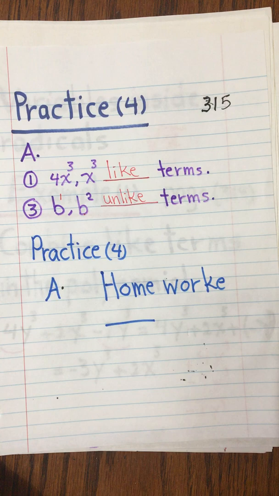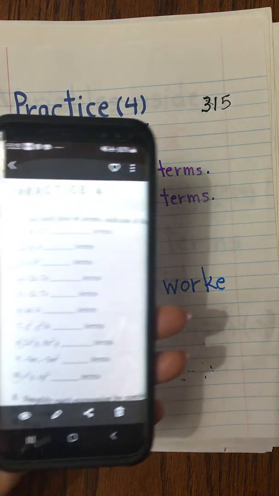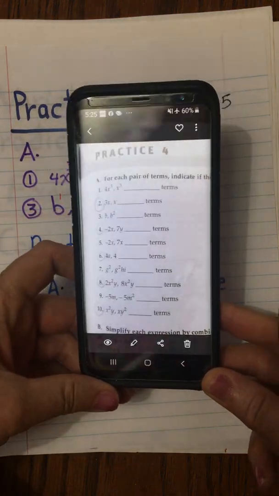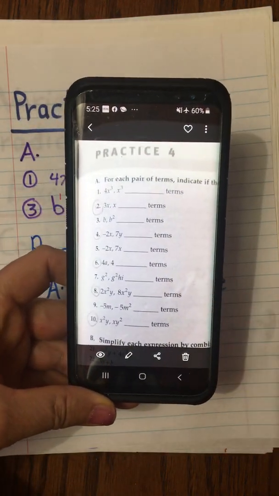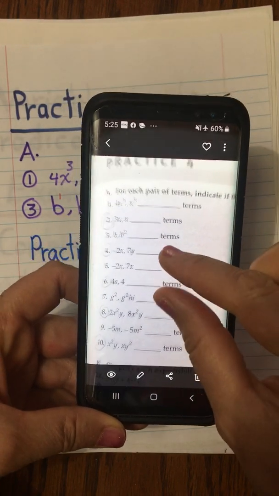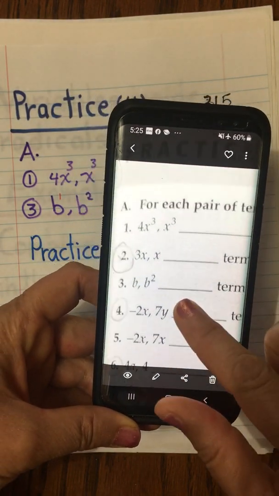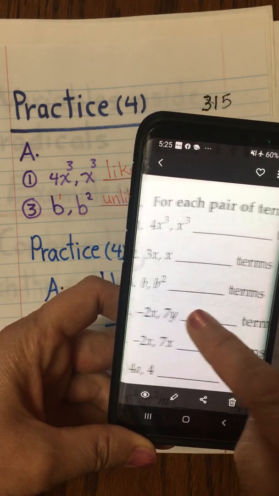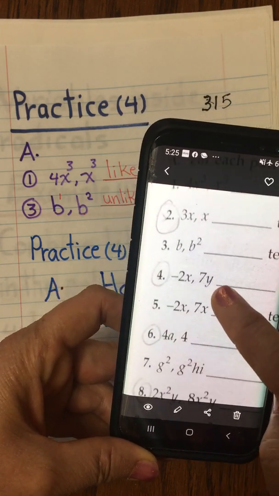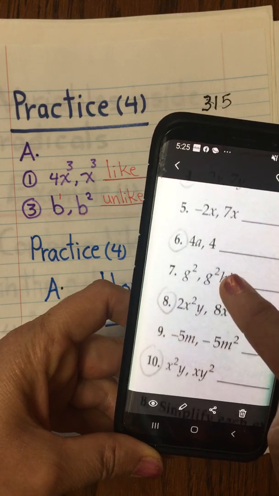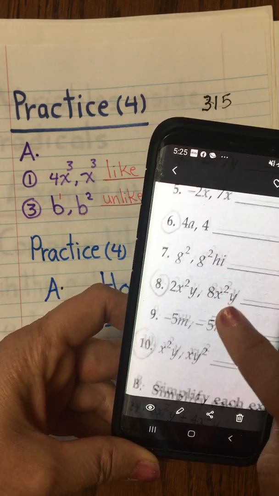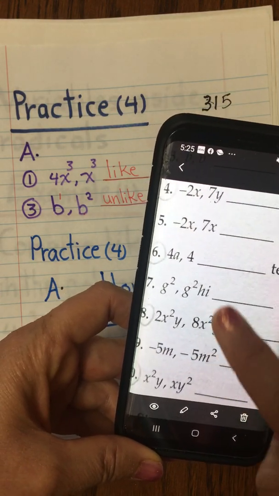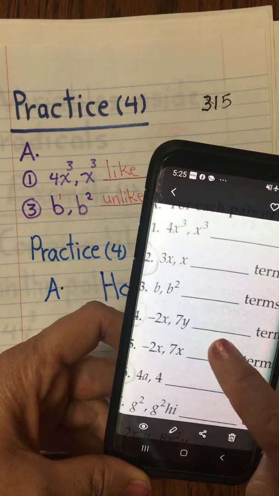For practice 4, A is a homework, and this is A, guys. I think it's clear. So I circled your homework: 2, 4, 6, 8, 10. And find out if they are like or unlike.